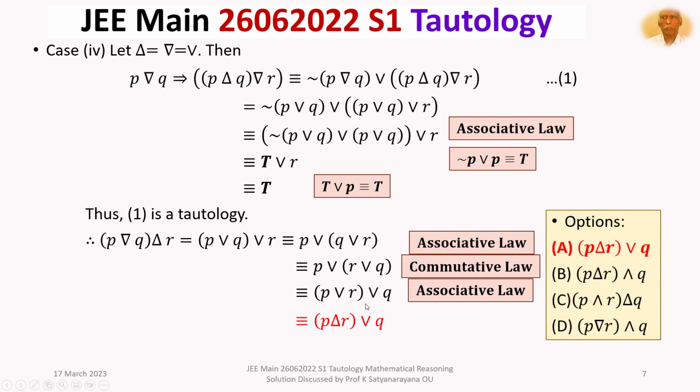Now suppose we take the earlier step, P or R or Q. It is not there in the options. But you see, del is equal to delta is equal to the logical connective R. So therefore, replace R by delta just to meet this option.